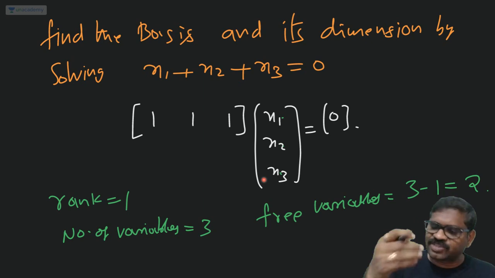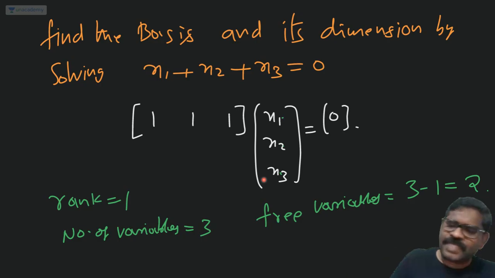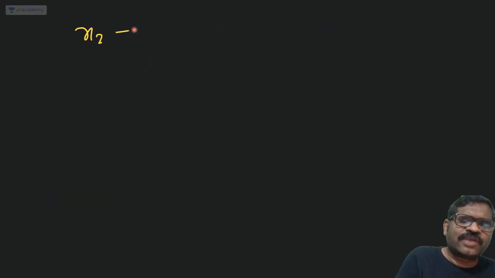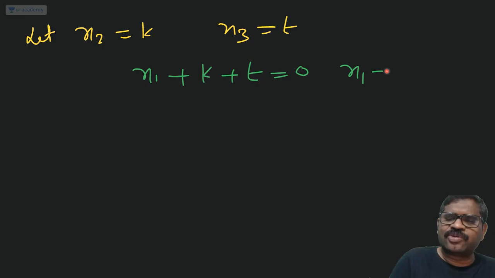You can take either x1 x2, or x2 x3, or x1 x3. Now let us take x2 equal to k, x3 equal to t. The equation is x1 plus k plus t equal to 0. Then automatically x1 will be minus k minus t.